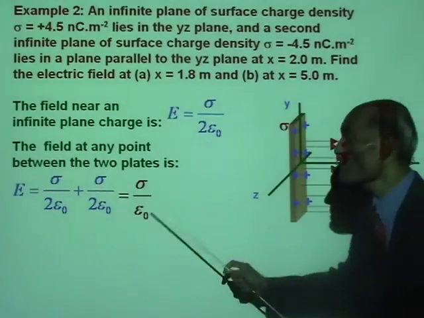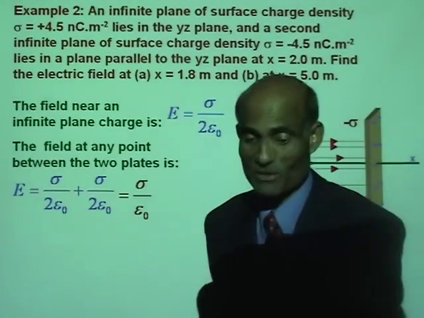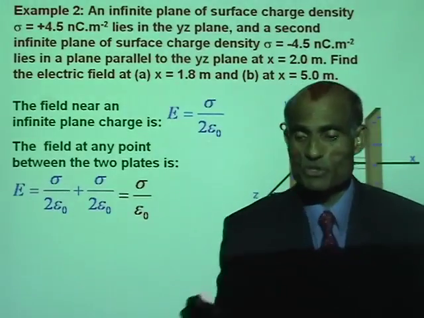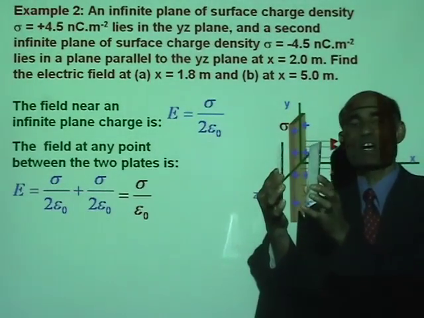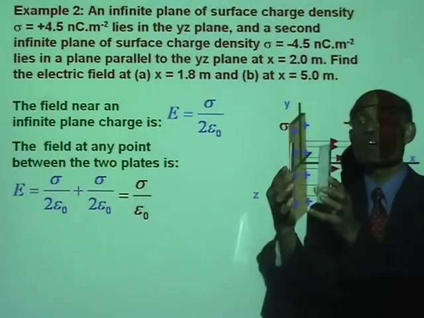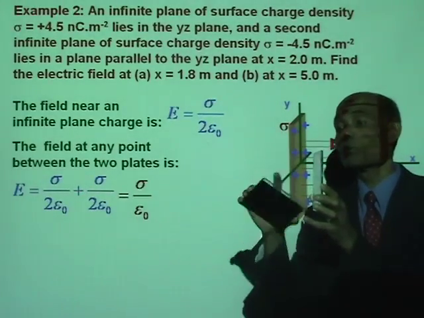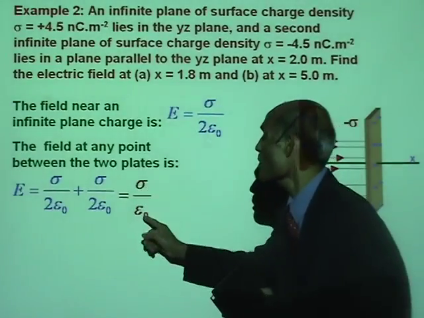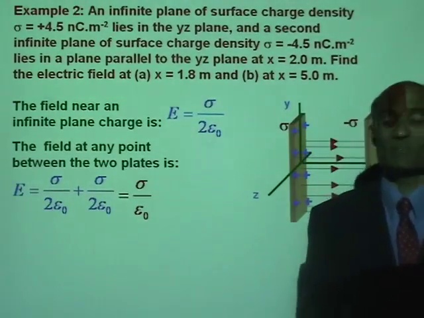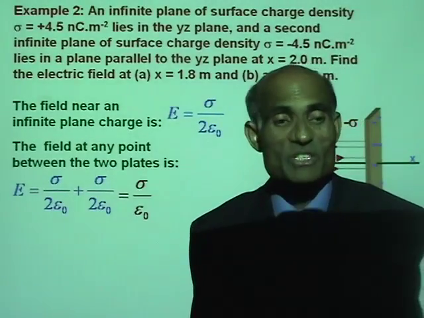I want you to remember this because we will be using this. If you have two planes that carry electric charge, the electric field at any point between those plane charges will be sigma over epsilon naught, where sigma is the surface charge density.